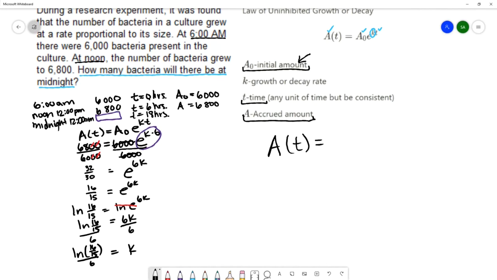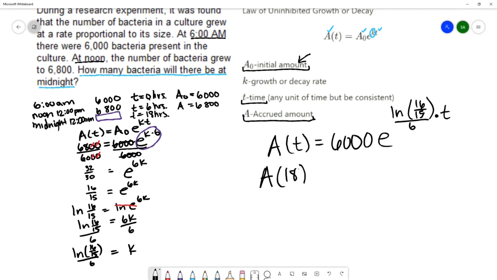A of t equals A naught, that's 6,000, times e to the k we just figured out, natural log of 16 over 15 over 6, multiplied by the time. So if we want to know the amount of bacteria after 18 hours, we're going to have 6,000 e to the natural log 16 over 15 over 6 times 18.